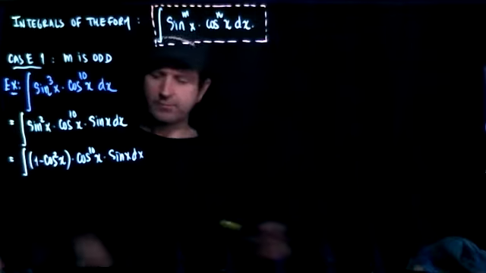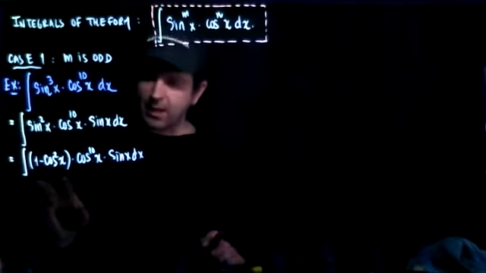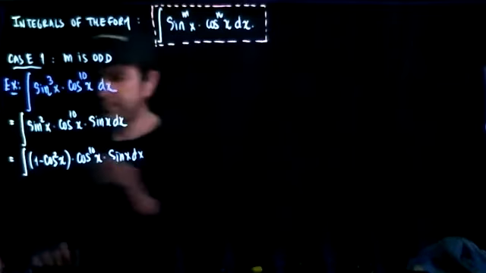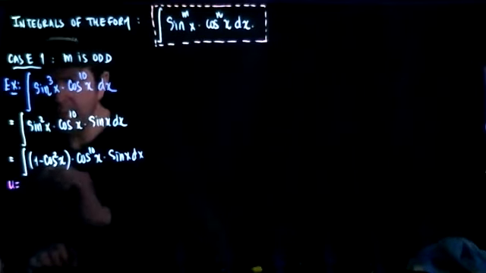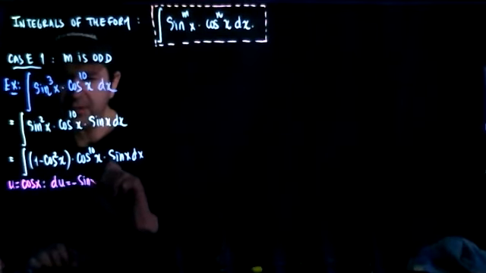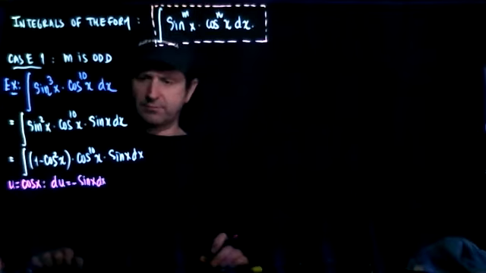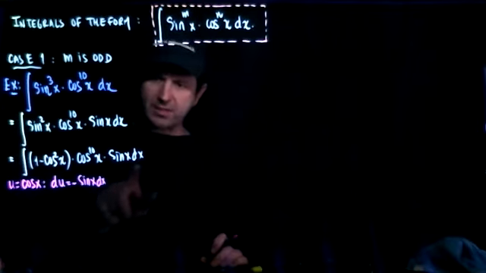And now I'm going to do a substitution. u is equal to cos x, which means that du is negative sine x dx. So sine x dx here is negative du.